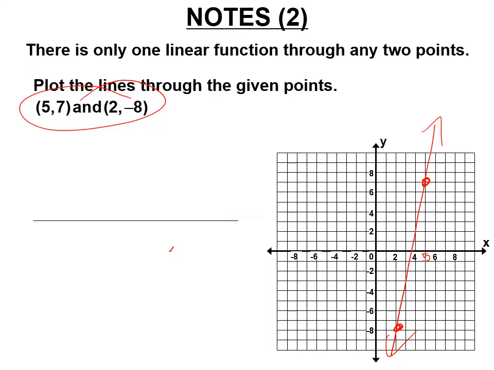That's it. There is no other line that goes through both those points. Let's do this with 2 different points. They're at -9, -1, and 2, 8. Now draw a line through those 2 points. There it is. There is no other line that goes through those 2 points.